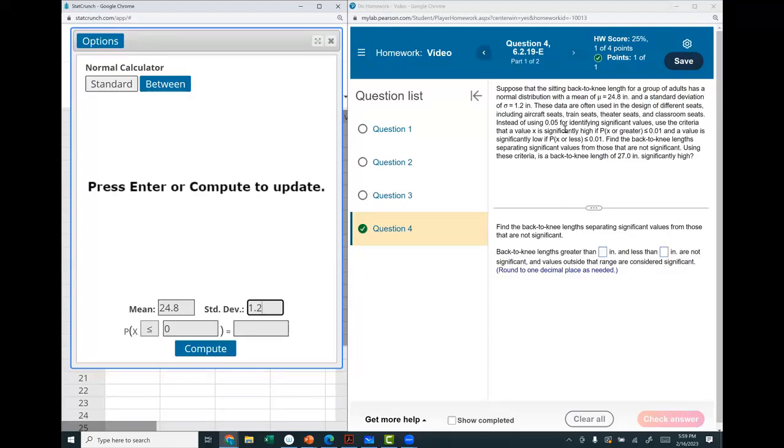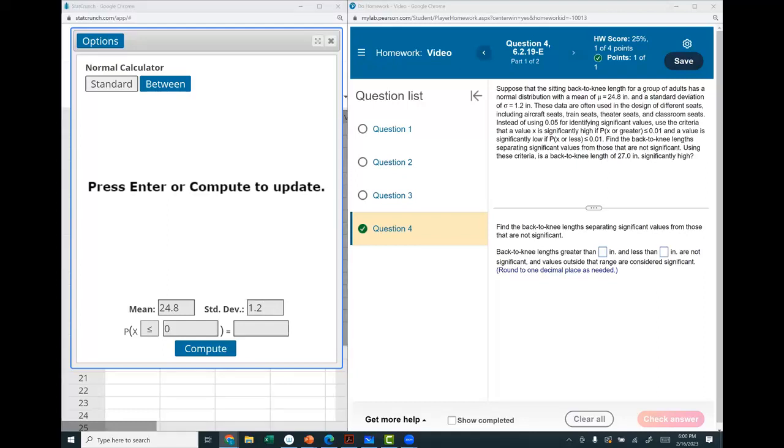Instead of using 0.05 for identifying significant values, use the criteria that a value X is significantly high if P of X or greater is less than or equal to 0.01, and a value is significantly low if P of X or less is less than or equal to 0.01. Really similar to the last question, but I wanted to show you another way.